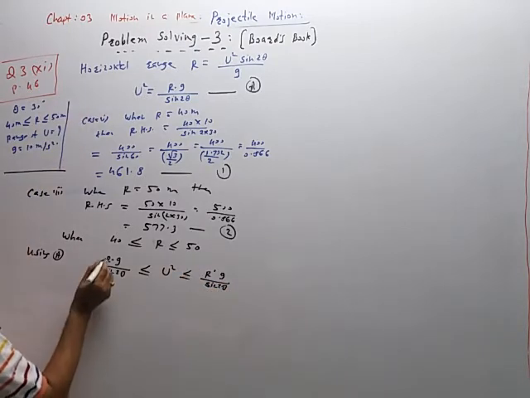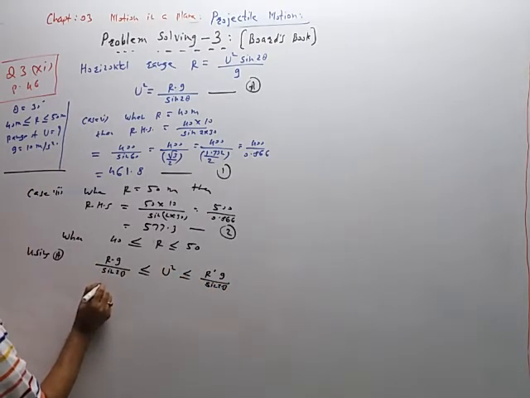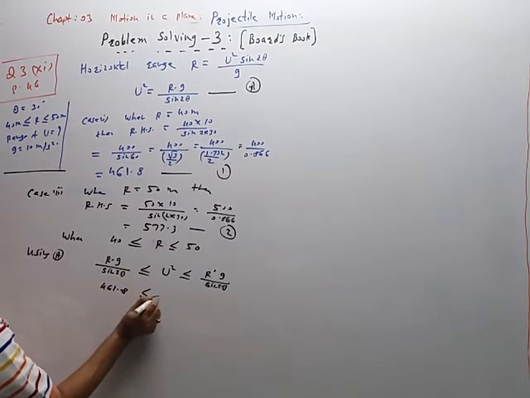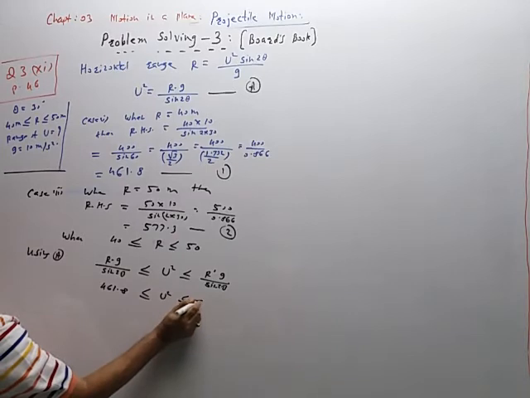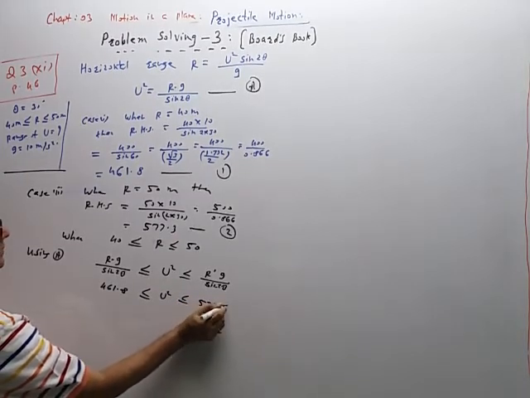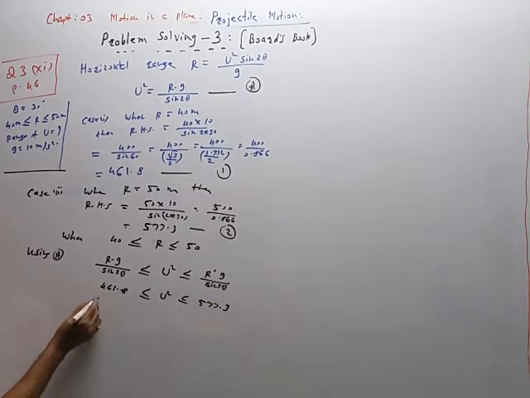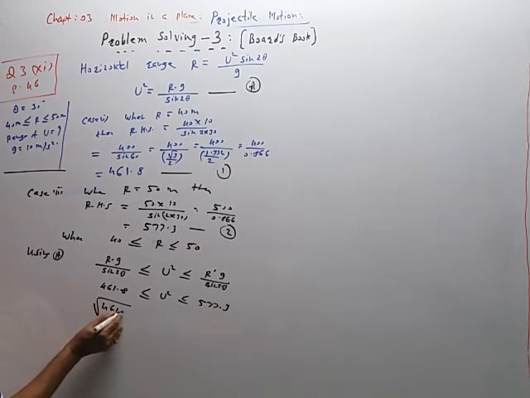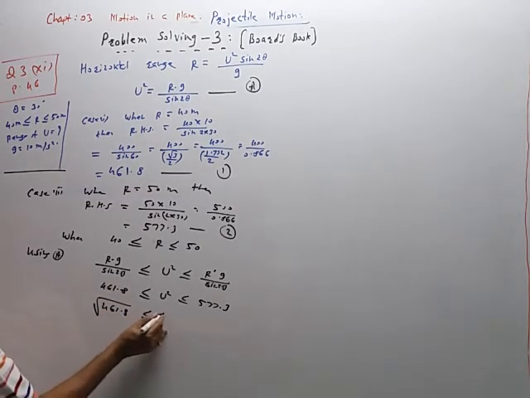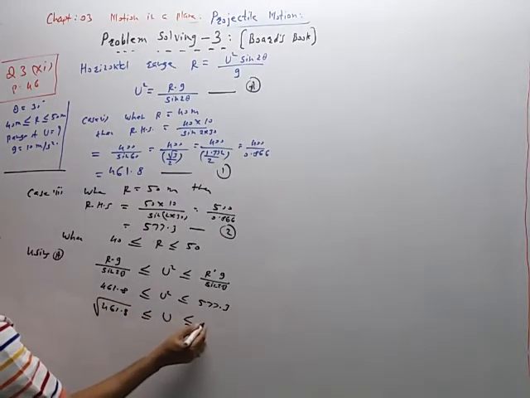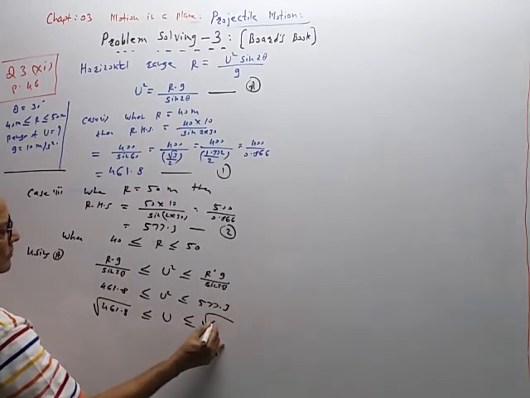So this R is equal to 40. So this is 461.8 is less than or equal to u square, less than or equal to 577.3, and therefore root of 461.8 is less than or equal to root of 577.3.